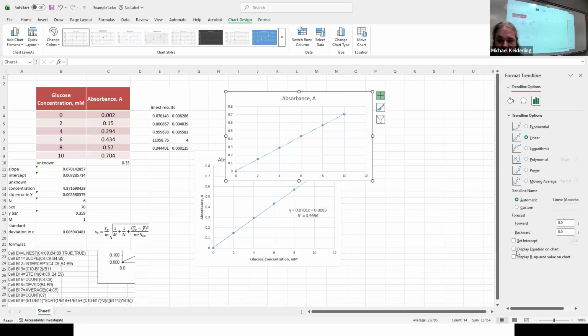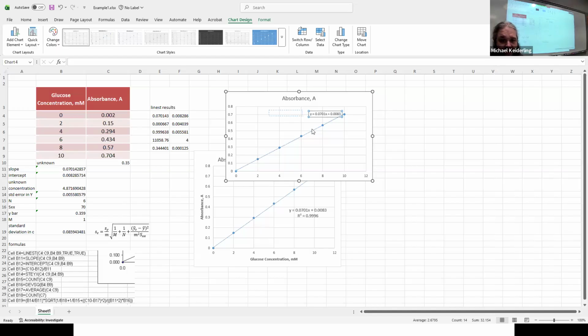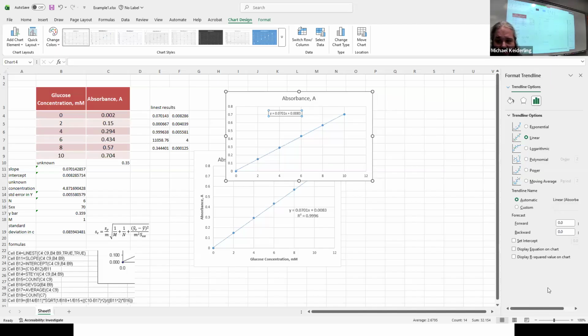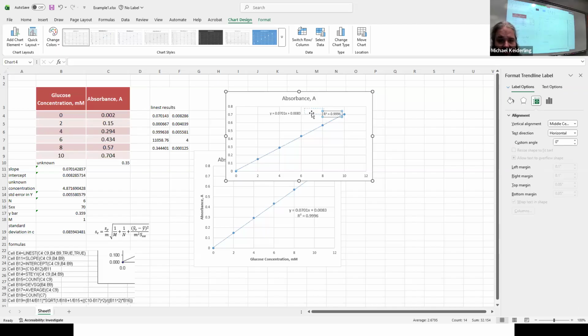And if you look at the options, you can set it to display the equation on the chart. And then you'll have an equation. And the R² value is also helpful, which is what I've done on this lower chart here.